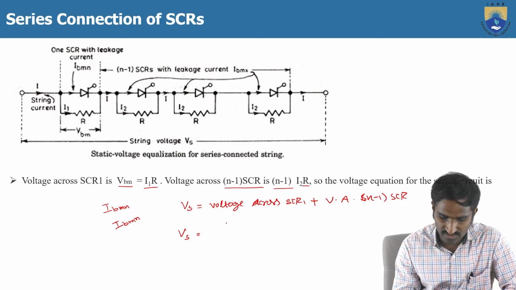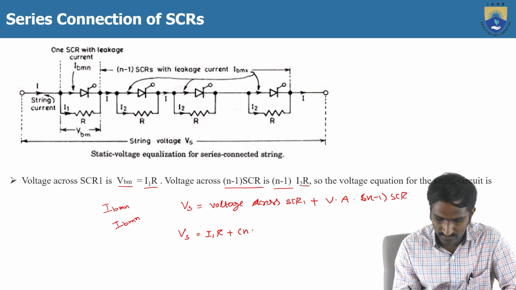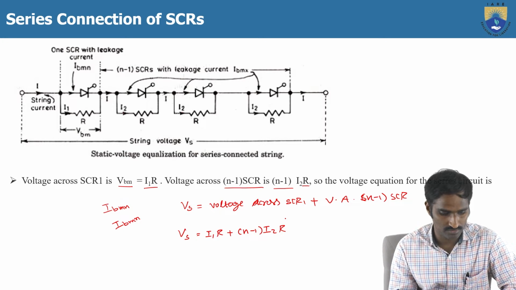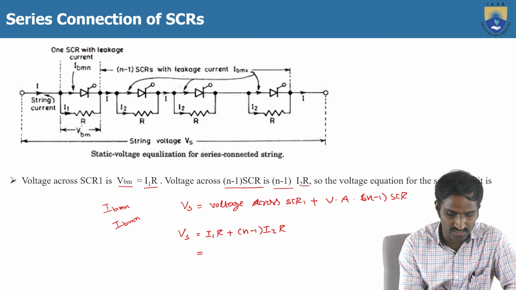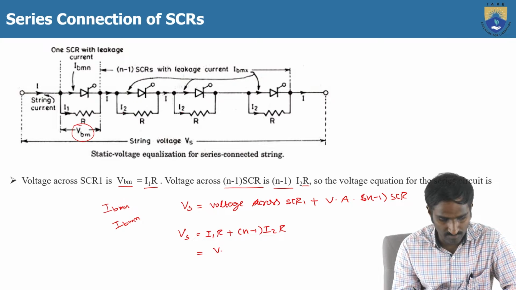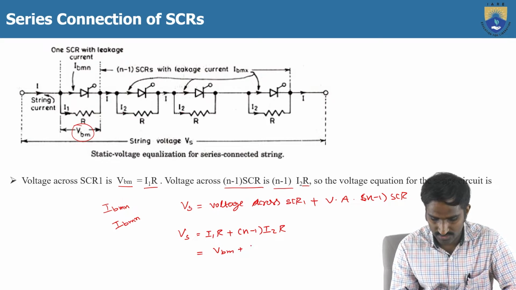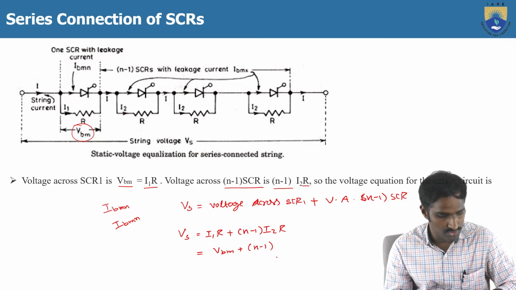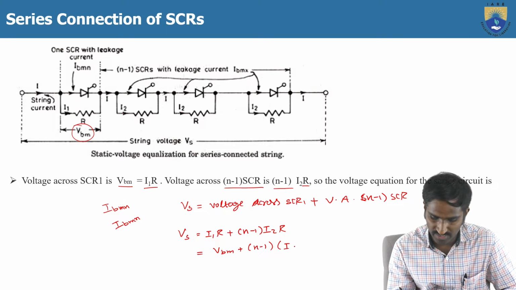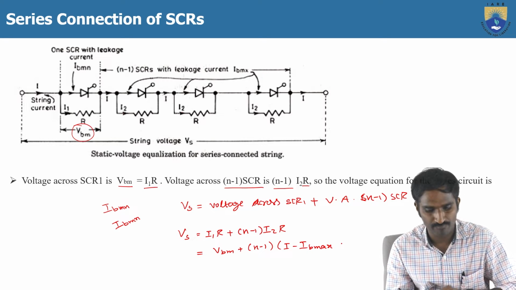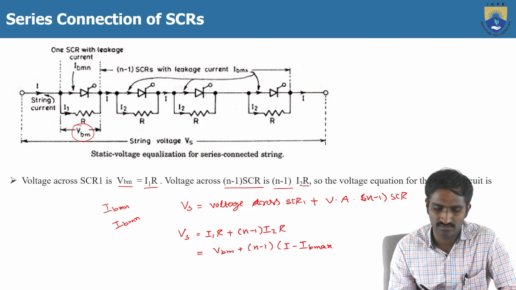Then the total voltage across the string Vs is equal to the voltage across SCR1, I1 into R, plus the voltage across the n-1 SCRs, n-1 into I2 into R. Which is equal to the voltage across thyristor 1, VBM, plus n-1 into R into, where I write I2 as I minus IBMX.